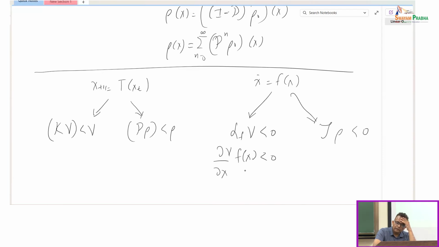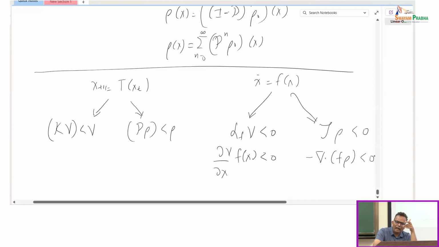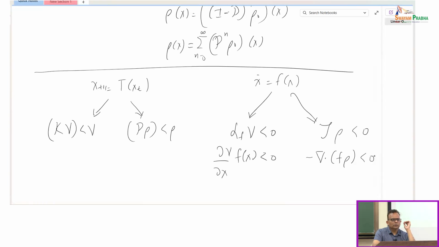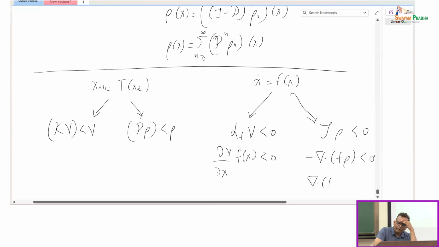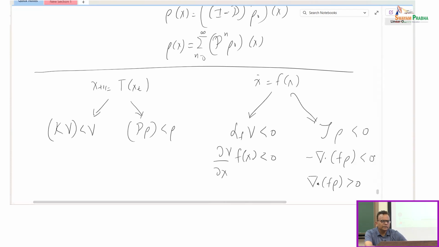Now what is J here notation-wise? It is minus gradient of f rho less than 0. If you look back at your notes, this Perron-Frobenius generator is given by minus divergence of f rho. Okay, it is the same as saying divergence of f rho has to be bigger than 0. So that's the stability condition in a dual space, the almost everywhere stability condition. Okay.